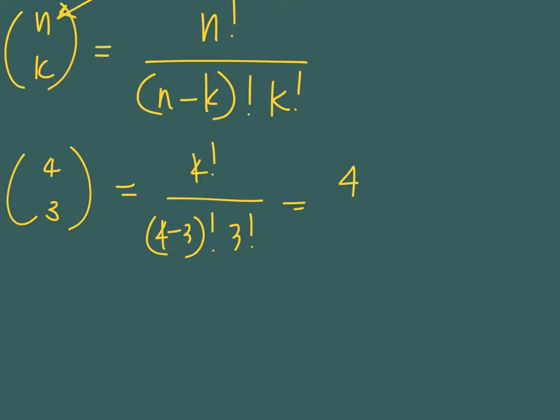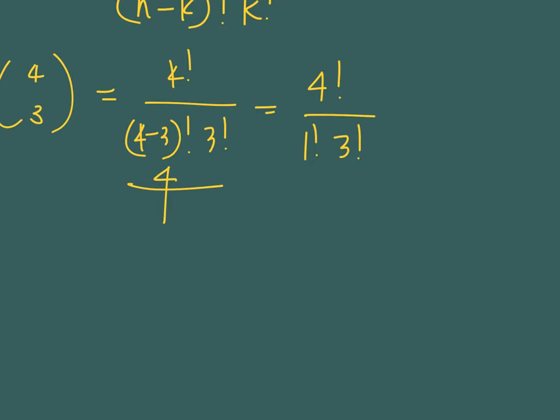Rather, just simplify first the one in the denominator: 4 minus 3 is 1 factorial, and then 3 factorial. Observe that you have 3 factorial in the denominator, and you know that 4 factorial can be written as 4 times 3 factorial.